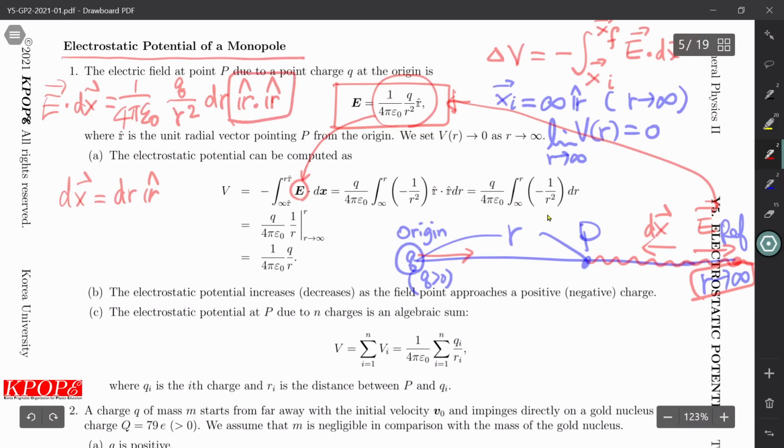This is a unit vector scalar product, which is 1. So we end up with this result, and we have an additional negative sign on it.